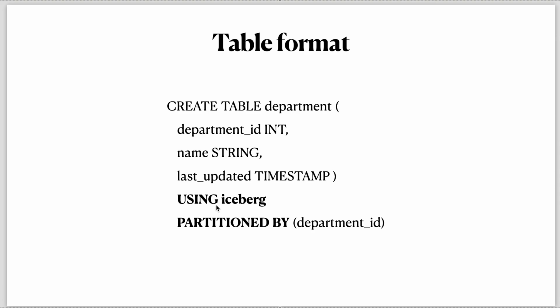The change is here: using Iceberg and partitioned by. Using Iceberg tells that this table is of type Iceberg, and it will be managed by the Iceberg framework. And the partition by will organize your data at the backend and create Parquet files accordingly.